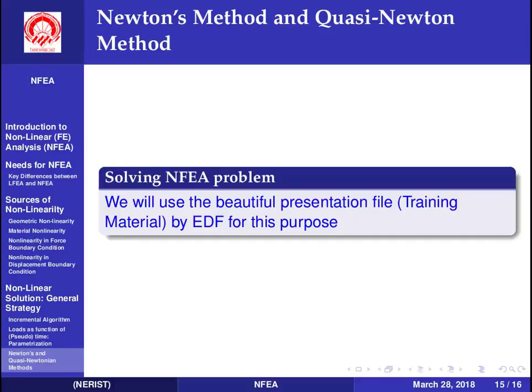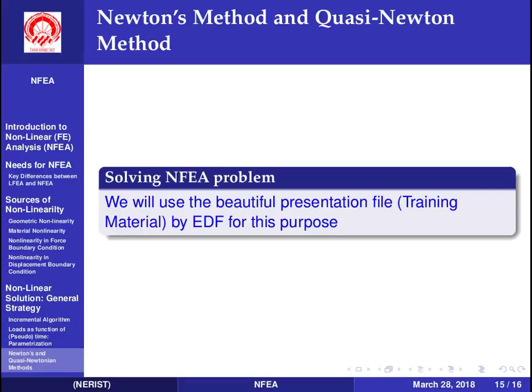Then a famous method of solving nonlinear equations is the Newton or Newton-Raphson method. There are also some variations of this original Newton-Raphson method. Those are called modified or quasi-Newton methods. Some of those methods are implemented in Salome-Meca, including Newton's method and other modified Newton's methods.